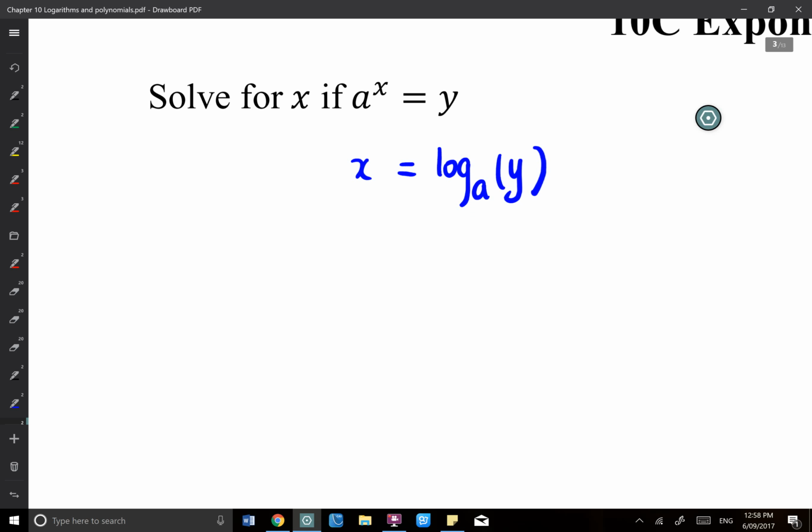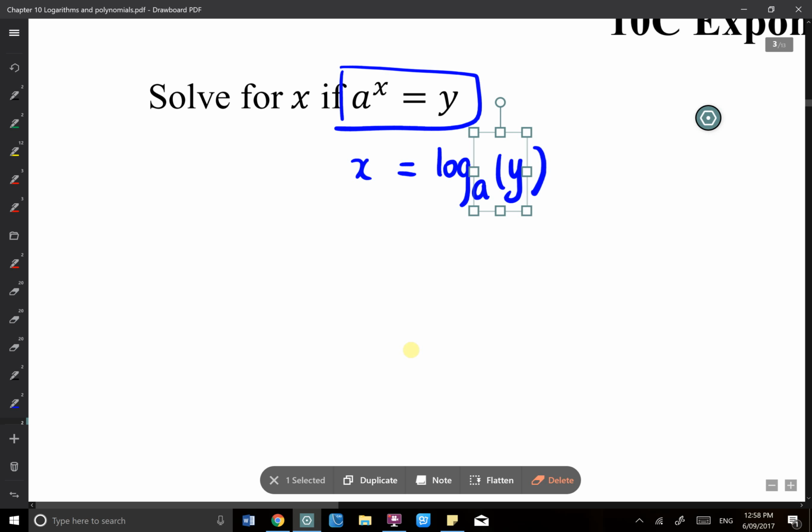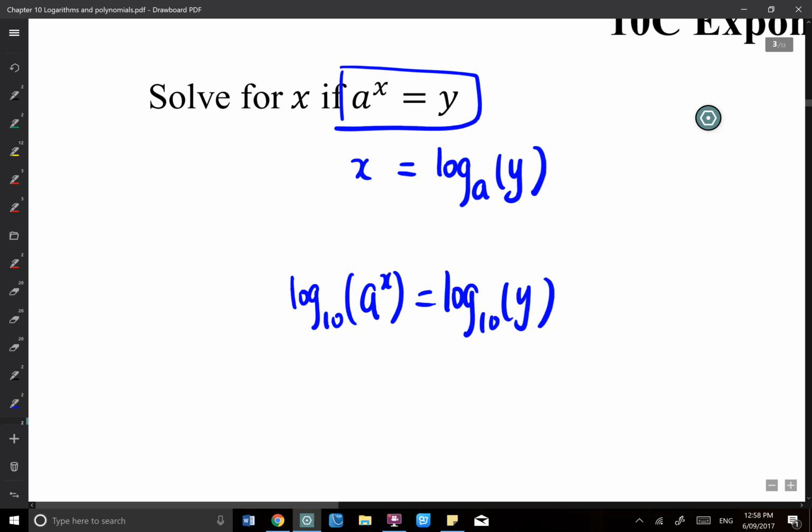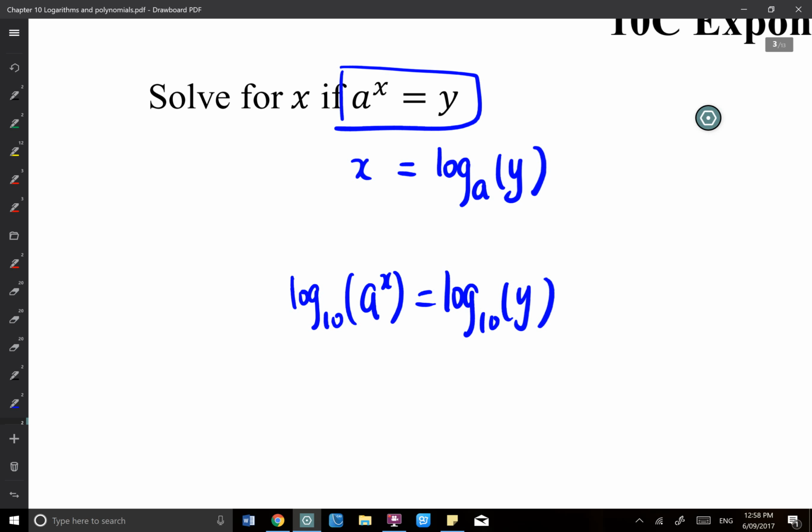What I want to do now is take log 10 of both sides, because a to the x equals y, right? So log 10 of a to the x must equal log 10 of y. They must be equal to each other. Is that correct? Yes. The log 10 of that number equals the log 10 of that number.